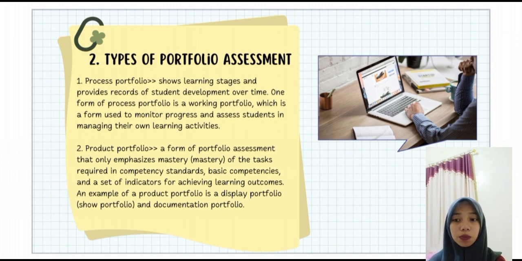Second, product portfolio, a form of portfolio assessment that only emphasizes mastery of the tasks required and competency standards, basic competencies, and a set of indicators for achieving learning outcomes. Examples of a product portfolio are a display portfolio, show portfolio, and documentation portfolio.